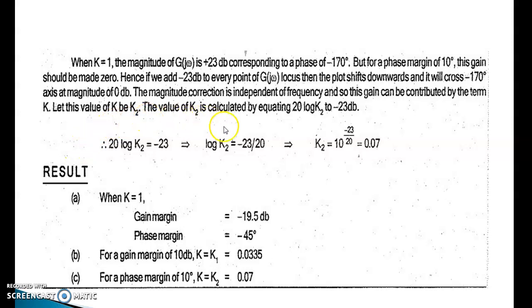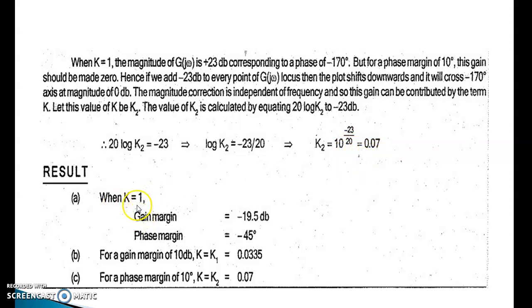The value of k2 is calculated by equating 20 log k2 to minus 23 decibel. 20 log k2 is equal to minus 23. Log k2 is equal to minus 23 by 20, and k2 is equal to 10 to the power minus 23 by 20, that is equal to 0.07.